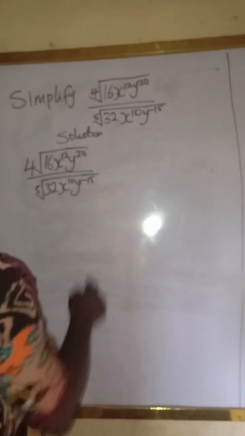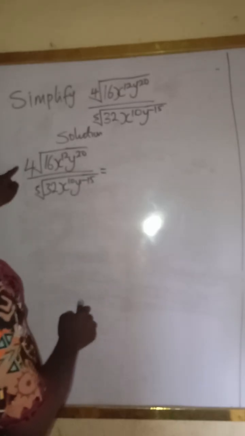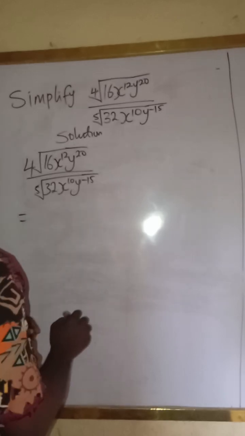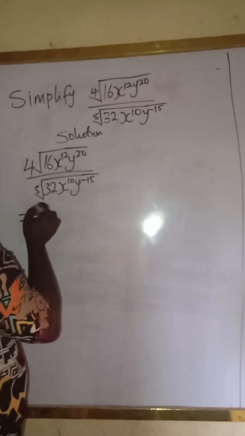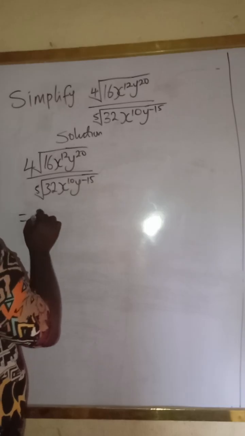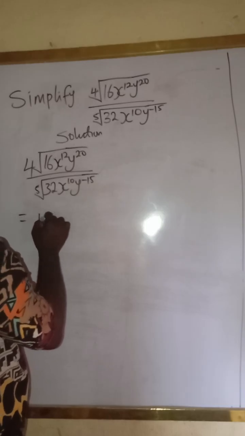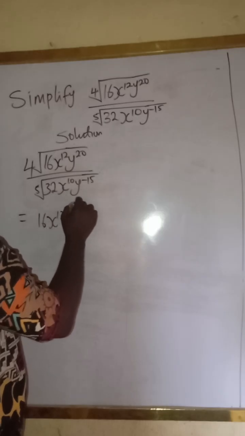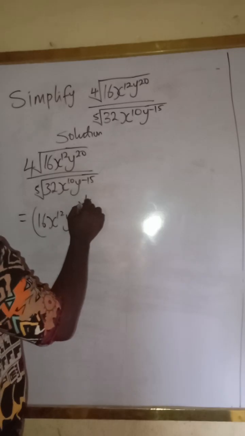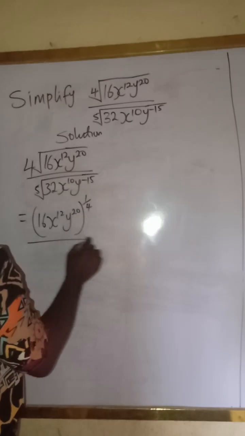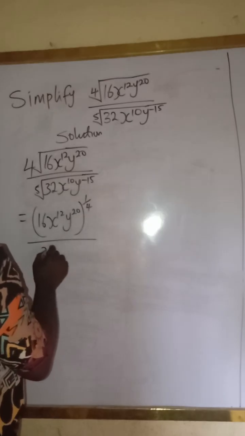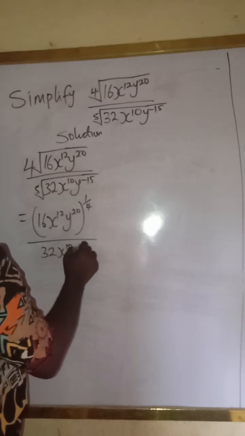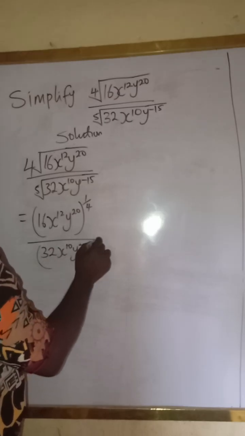This will be the same thing as saying 16x raised to power 12 y raised to power 20, all of them raised to power 1 over 4 as the root law, divided by 32x raised to power 10 y raised to power minus 15, all of them raised to power 1 over 5.